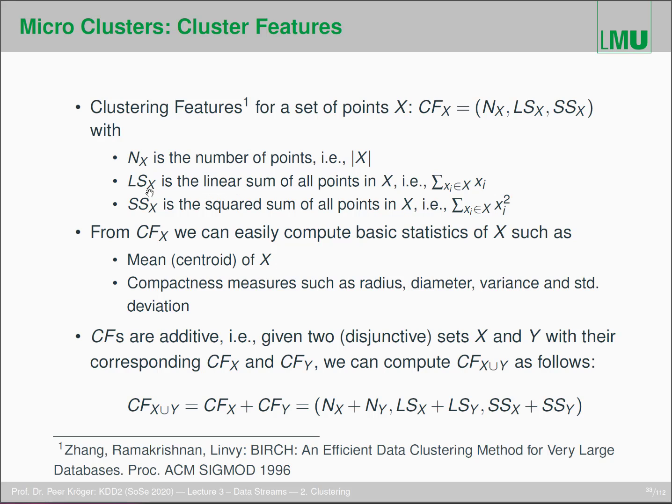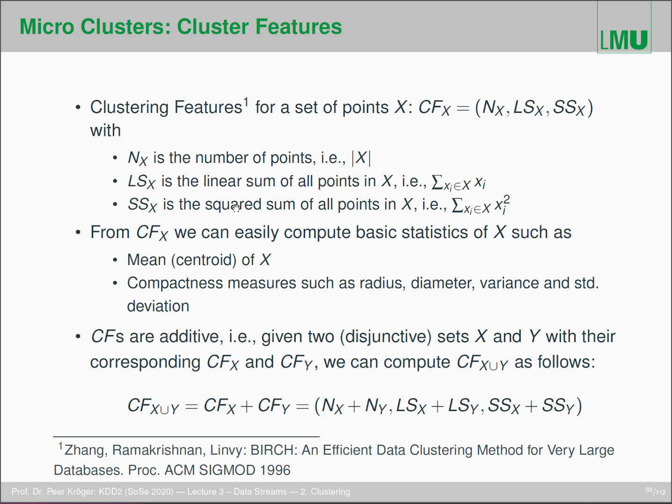If the points are d-dimensional, then LSx is also a d-dimensional summary. And SSx is the squared sum of all points. It's the same as the linear sum, but it's the squared sum of all of the points.